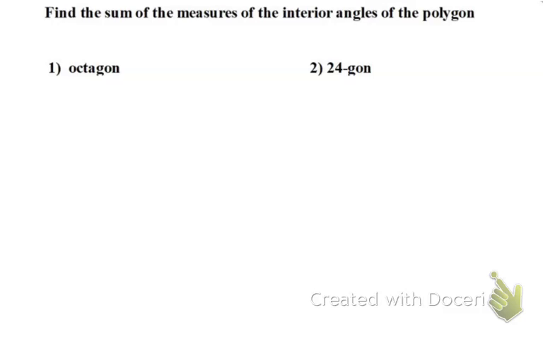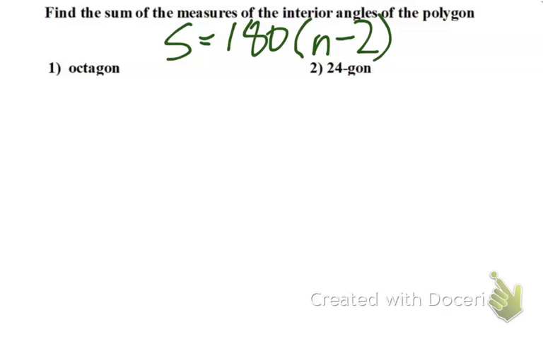Okay, find the sum of the measures of the interior angles of the polygon. So we have an octagon, and let's just real quickly write down our formula for this. So the sum of the interior angles is equal to 180 times n minus 2. Okay, so for an octagon, what we need to know is what is n? Well, it's an octagon.